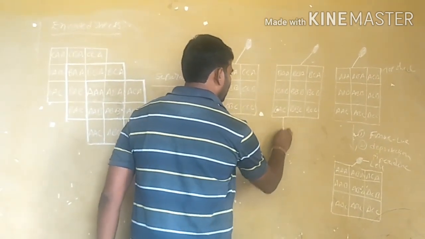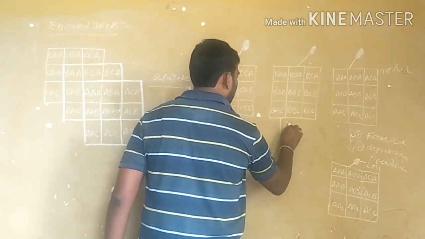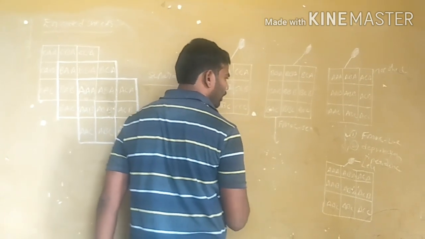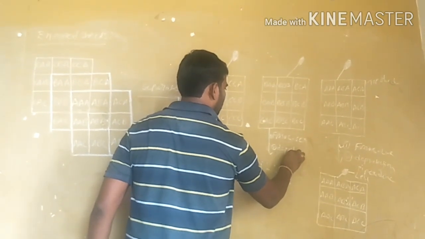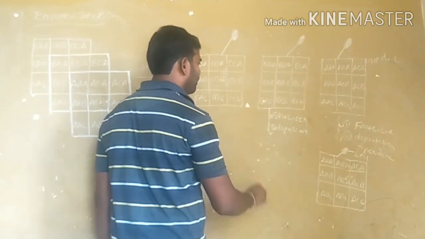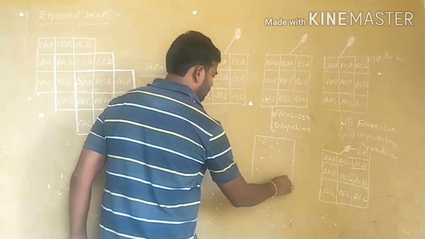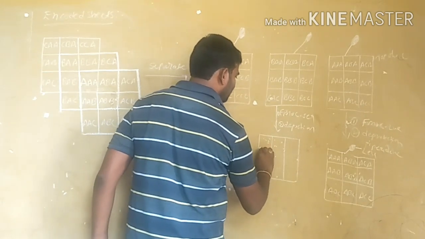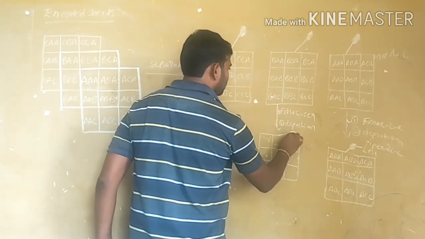Then this one is treated with Fmoc serine amino acid, then followed by deprotection. Here the serine amino acid is added to this resin bead.